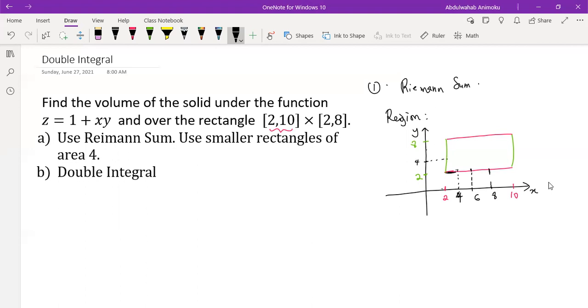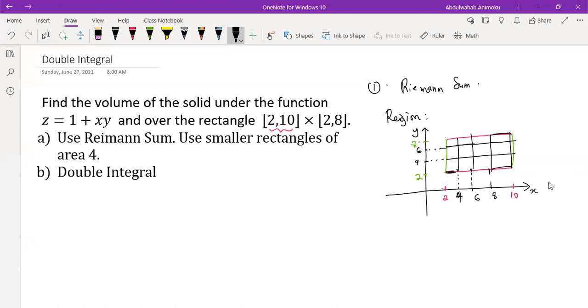And then on the y-axis again, we subdivide this into units of 2. So this will be 4, this will be 6, and that will be 8. And here we have the same thing. So we would have these rectangles. And if you count correctly, we would have 12 rectangles. Now, actually, these rectangles are squares where the length and breadth are 2 each.